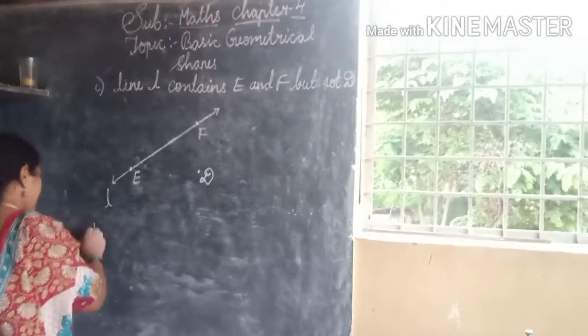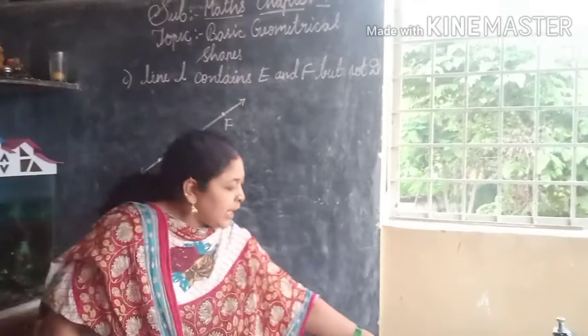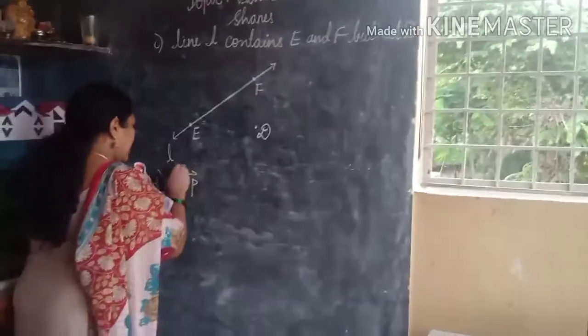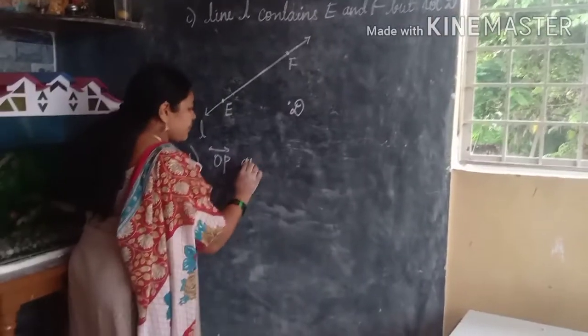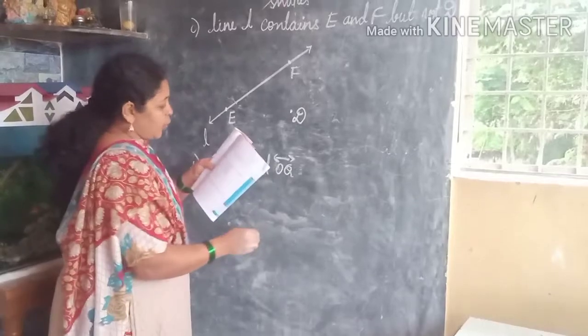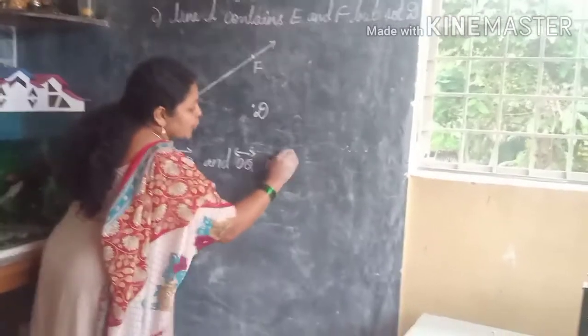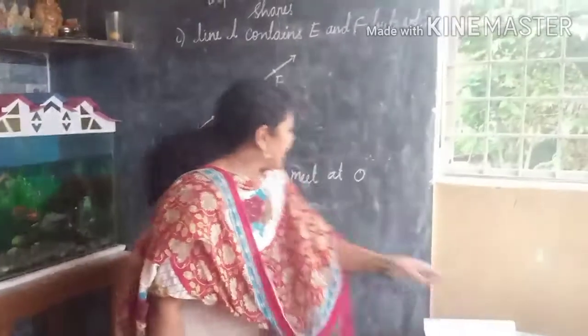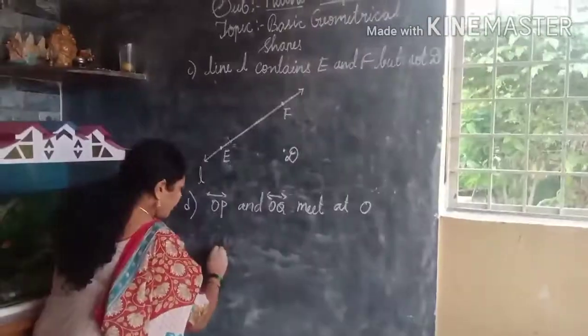So what is the next one? Our question is: line OP and OQ meet at O. So we should have two lines, that is OP.